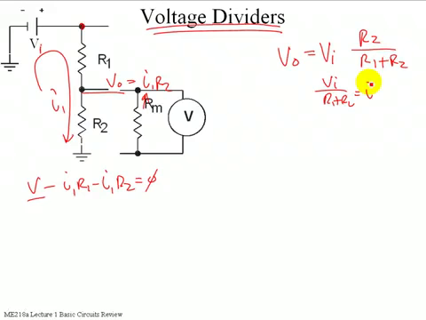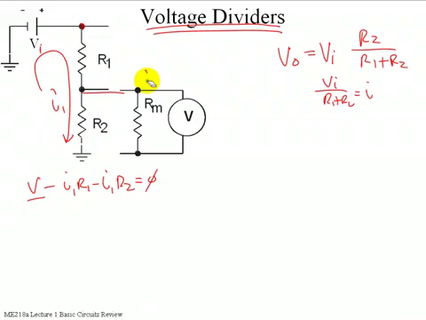Okay, so let's look at a realistic situation. You're going to have to measure what that resistance is. We know that the measurement is actually going to result in some disturbance of the circuit, and we need to figure out how much disturbance we would expect to see.